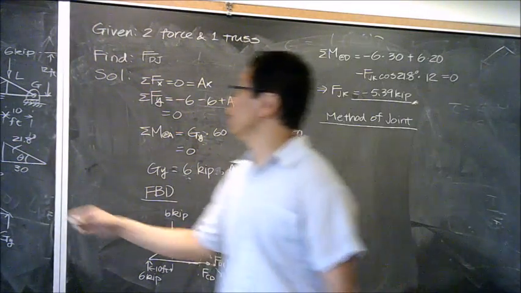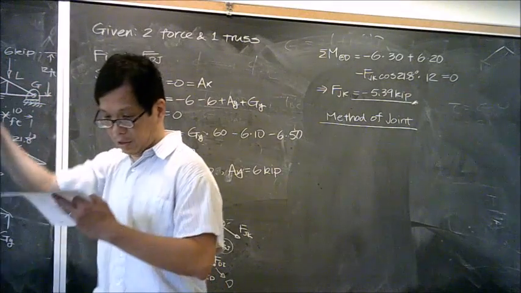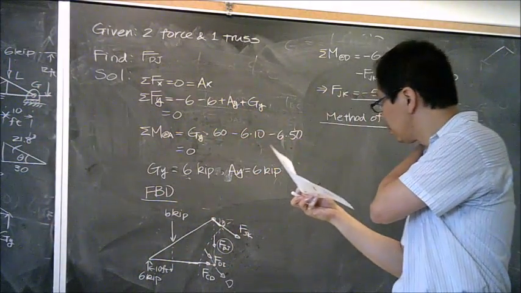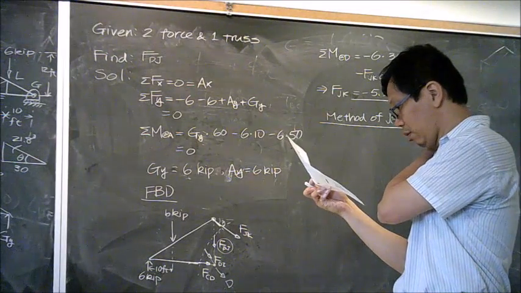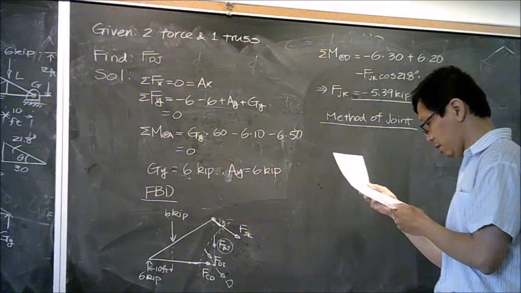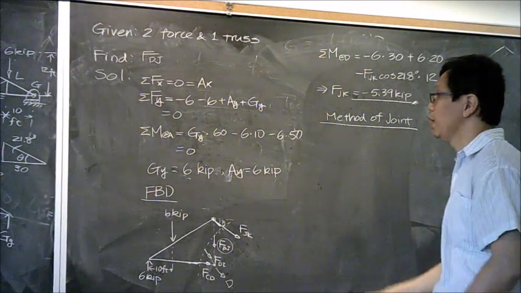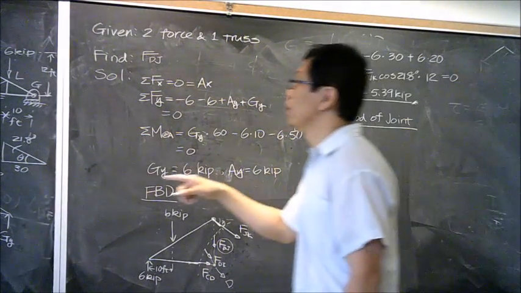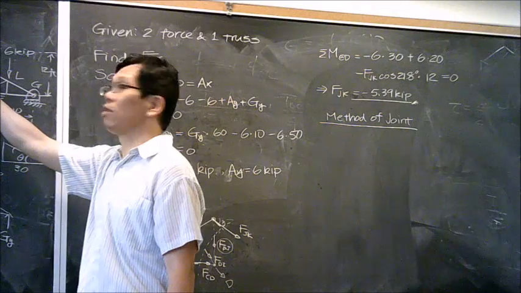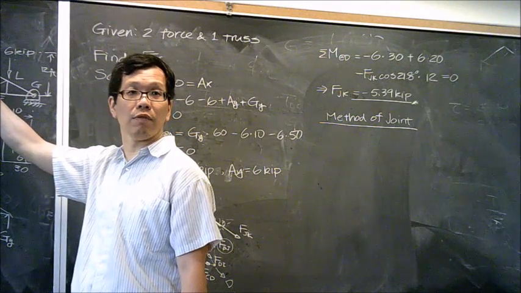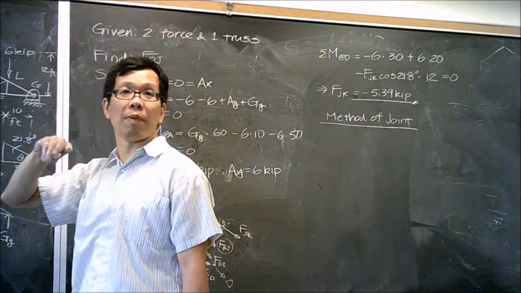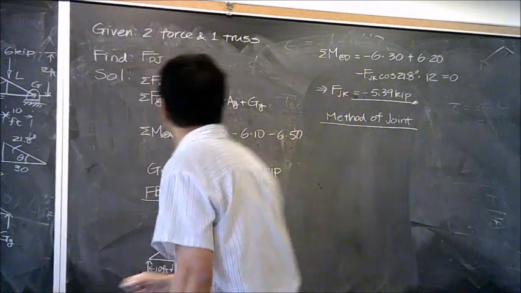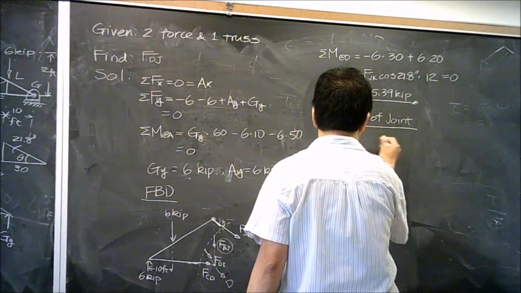And if I use J as my joint, then there are 2 unknowns I need to solve. One is here and one is here. But how many equations do I have? 2. So is it possible for me to get FDJ? Yes, right? So we are going to do joint J.